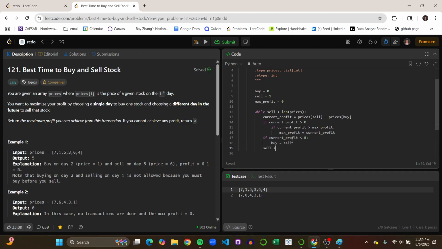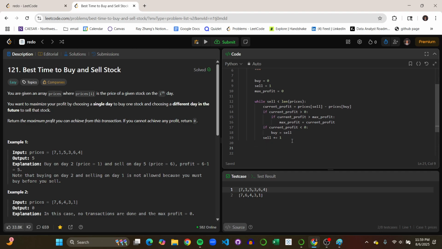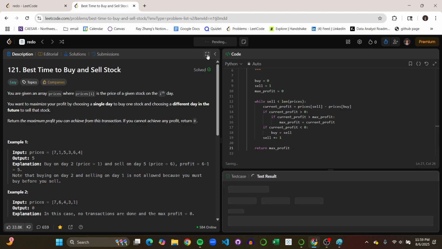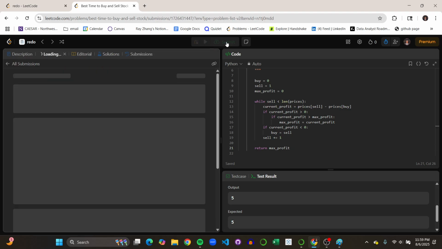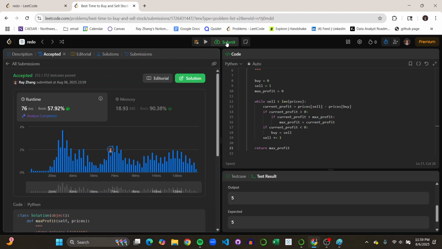Then throughout the loop we iterate sell. Alright, let's see how this goes. Accepted. Let's see if it passes all the test cases. Let's go.